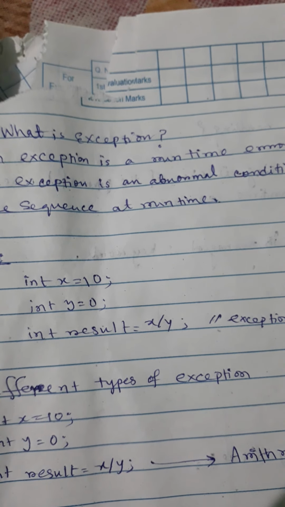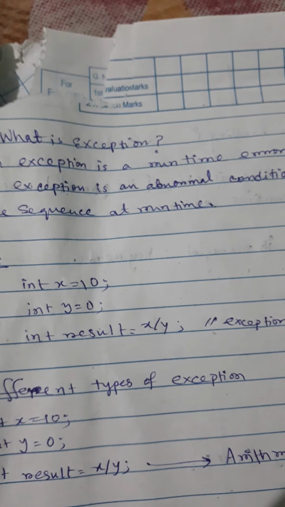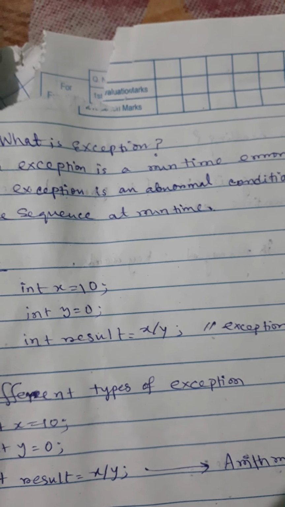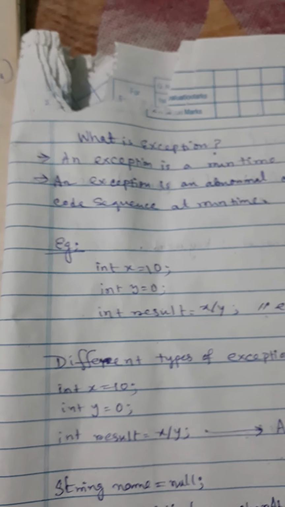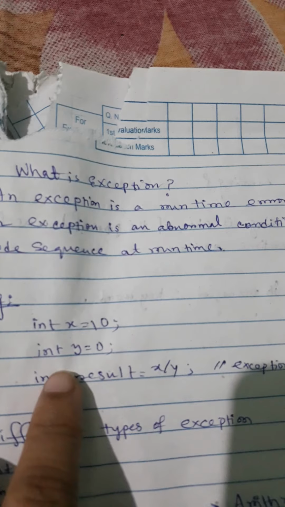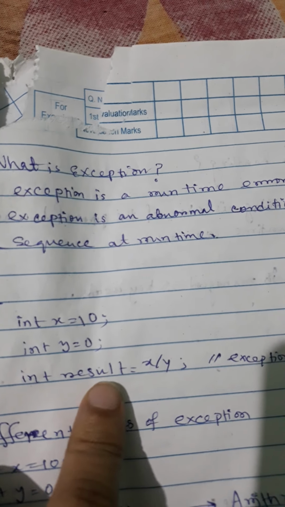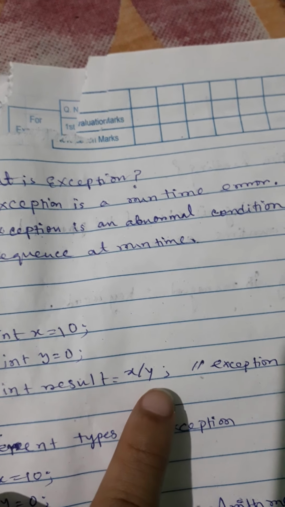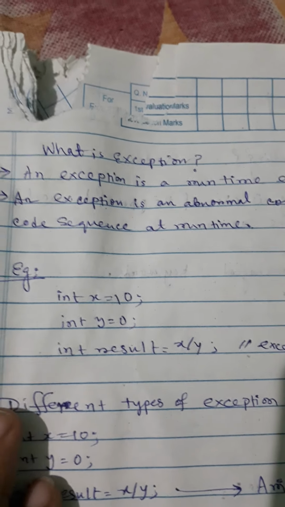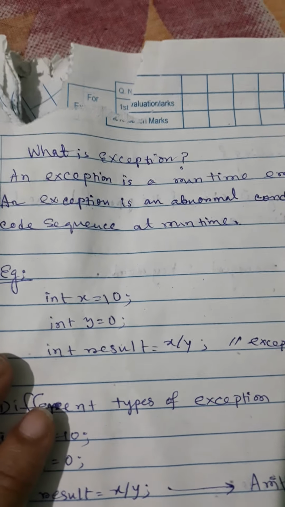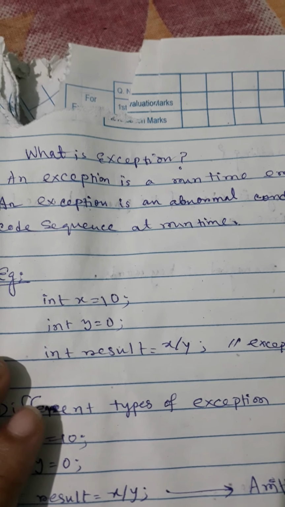Another way to say it: an exception is an abnormal condition that arises in a code sequence at runtime. So here is the example. You can see int x equal to 10, int y equal to 0, int result equal to x by y. There will not be any compile time error because everything is okay.